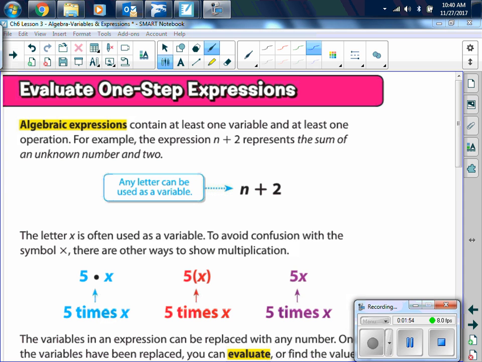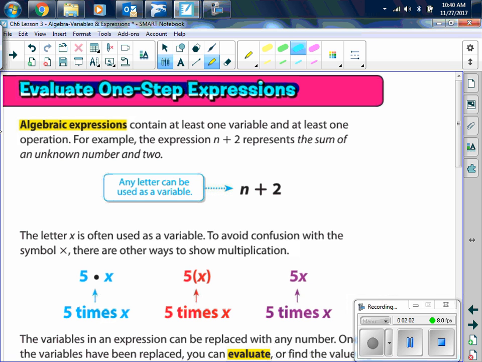So here, the next thing we're going to do is evaluate one-step expressions. Please make sure that you write down your heading, evaluate one-step expressions. And algebraic expressions contain at least one variable and at least one operation. Also, please make sure you write down that definition.